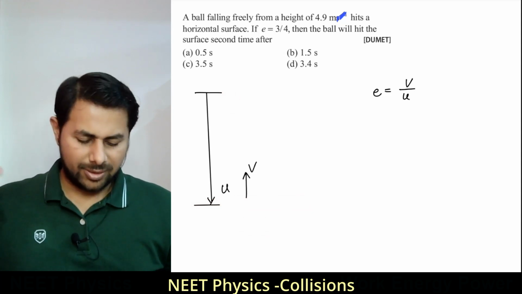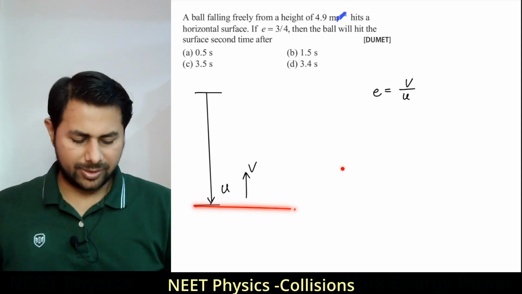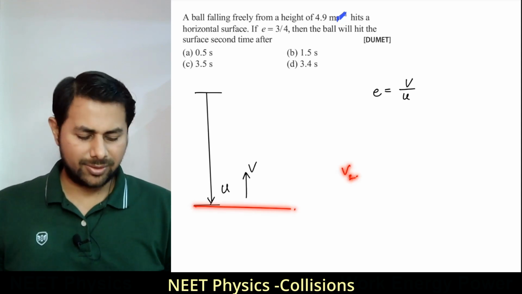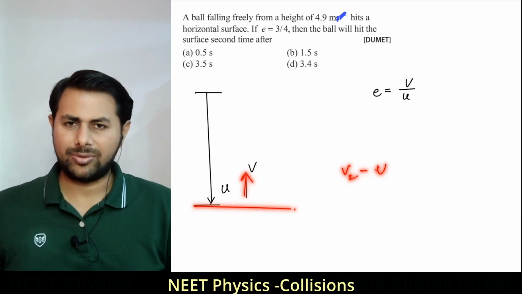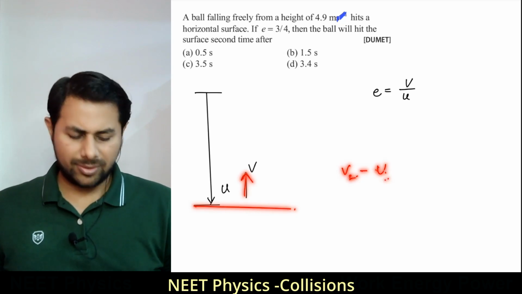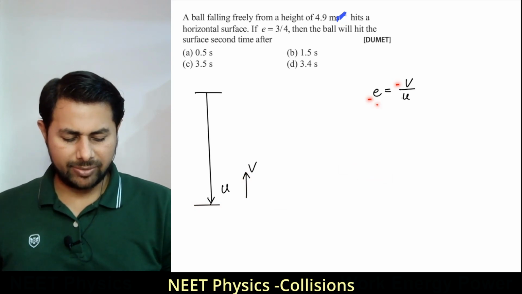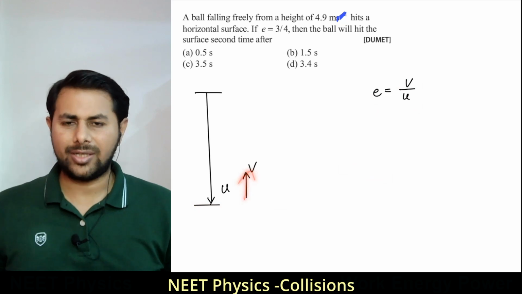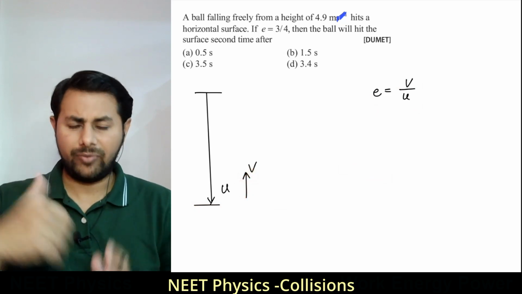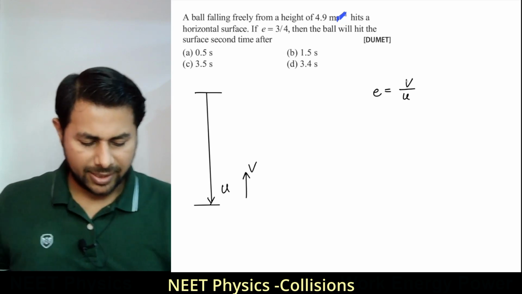Then after separation, the speed of the ground is v2, which is also 0, minus the speed of the ball v1, which is v. So there will be only a sign difference here, so E is equal to minus v by u. But the sign of v is opposite, right? So that takes care of this.